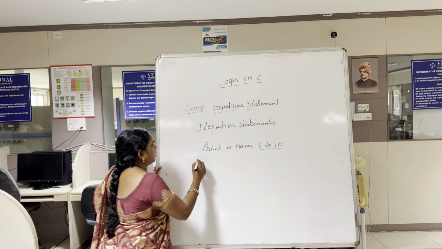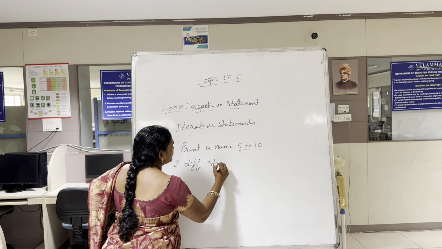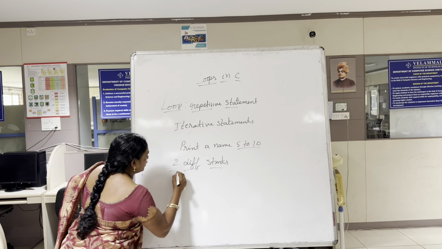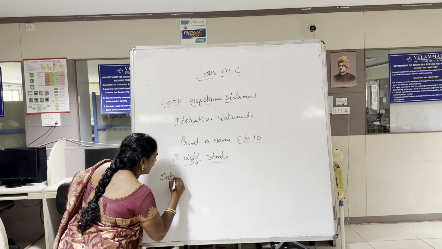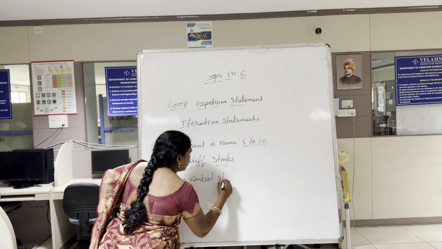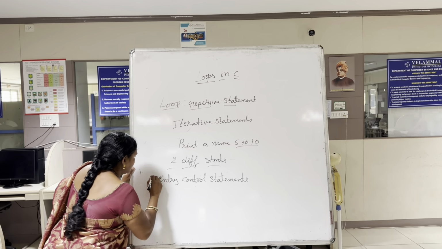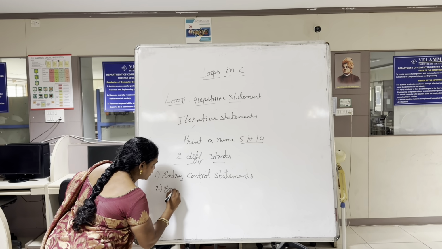So there are two different types of repetitive statements, that is, entry control and exit control statements.